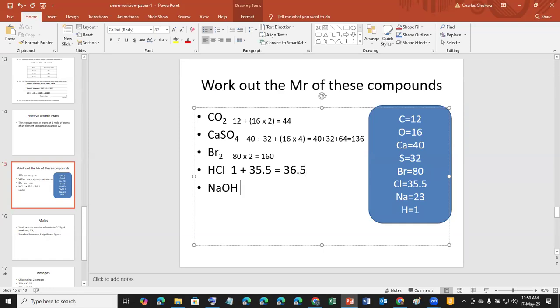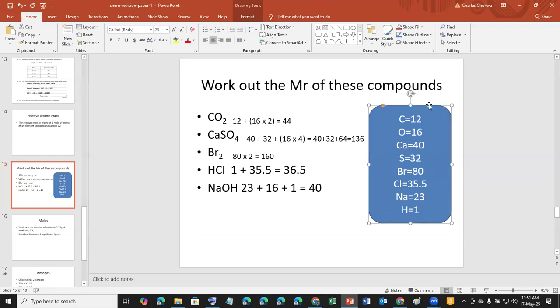Then finally for sodium hydroxide, sodium is 23, plus oxygen is 16, and hydrogen is 1. So that's 3 plus 6, 9, plus 1, 10. That's 0 carry 1. 2 plus 1, 3, plus the 1 that was carried, 4. So that's 40.